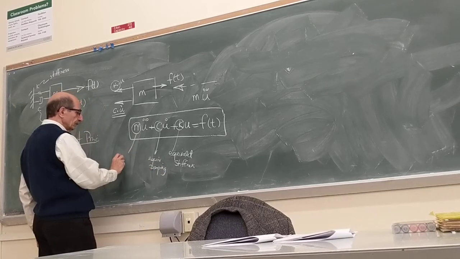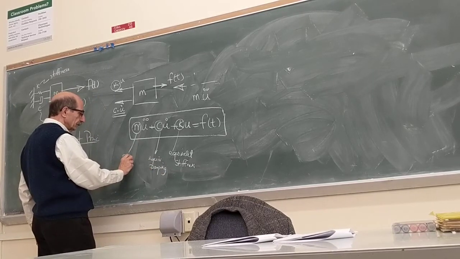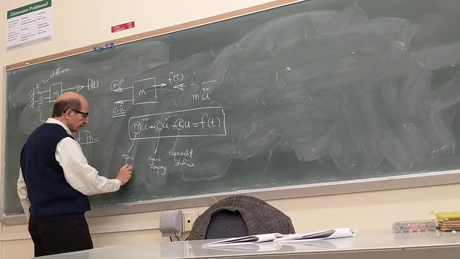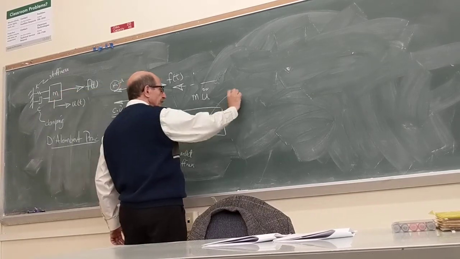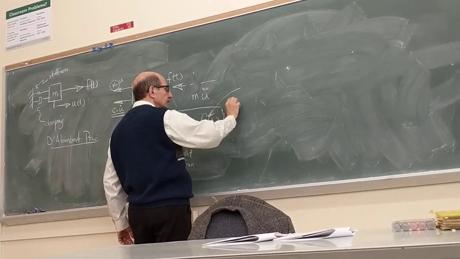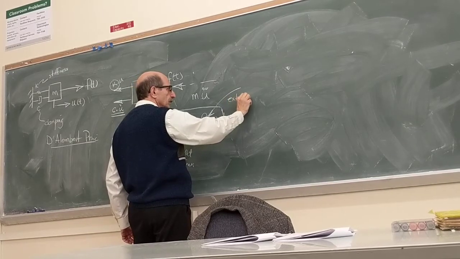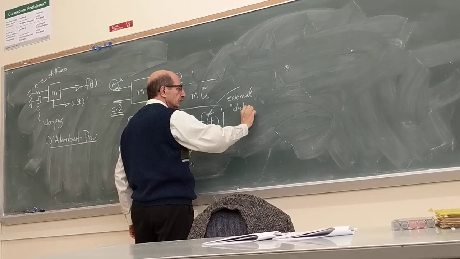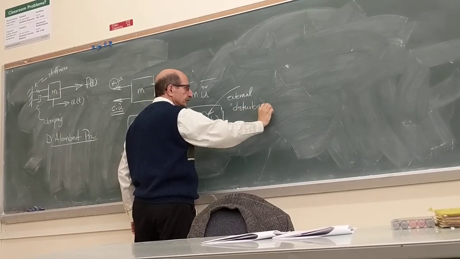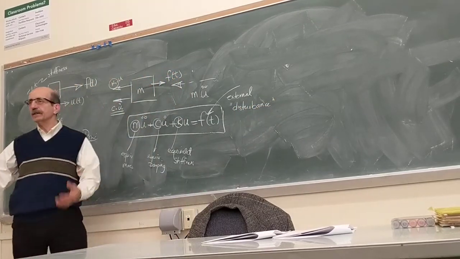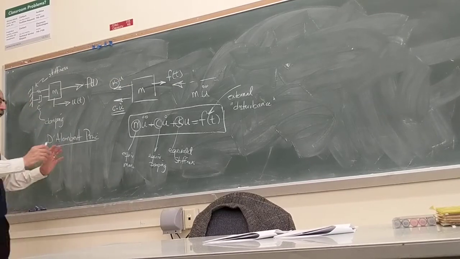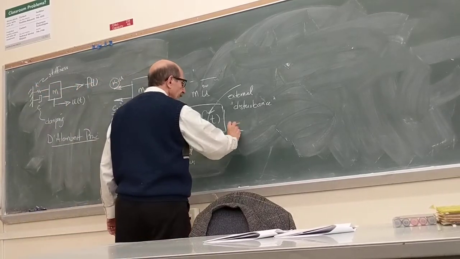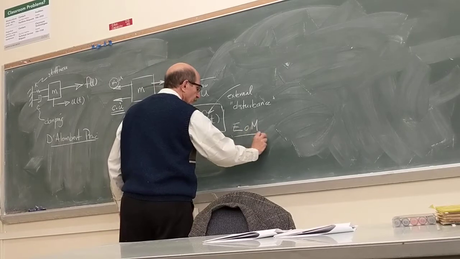And this is the equivalent mass of the system. And this is the disturbance, or the external, I call that disturbance. It can be a time-dependent force, displacement, and whatnot. So this is what we call the equation of motion.